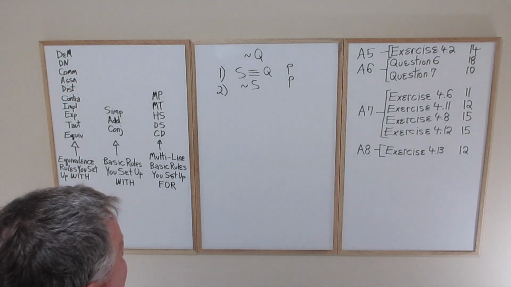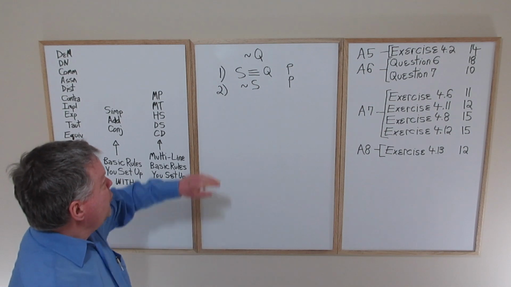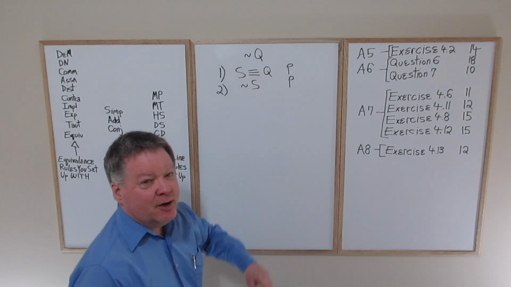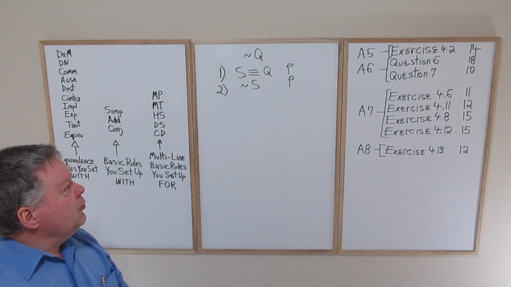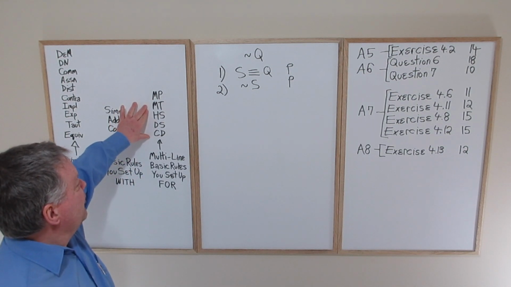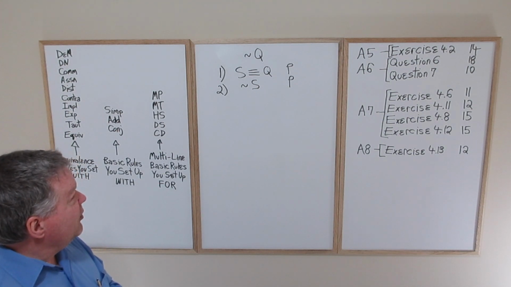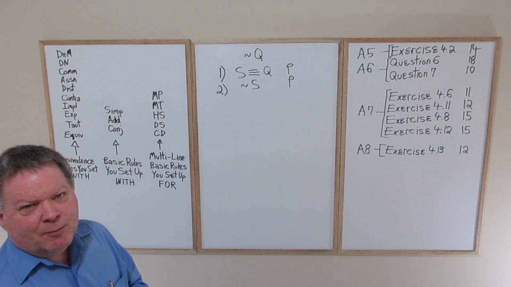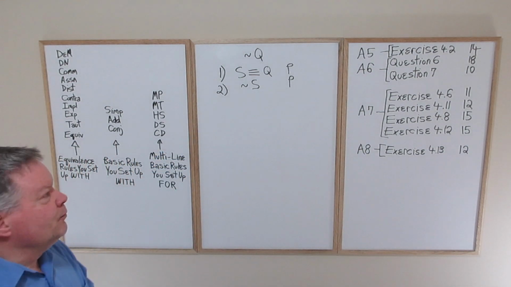Here's another fairly basic situation where we've got 2 instances of S-related information, and we also have an instance of Q-related information. So what we want to do is set up for the employment of one of the multi-line basic rules that you set up for, which is going to allow us to simultaneously make use of and at the same time get rid of the S-related information.